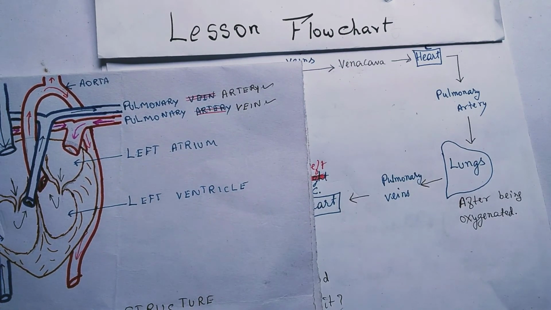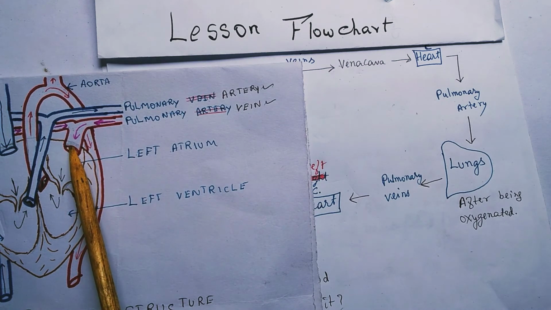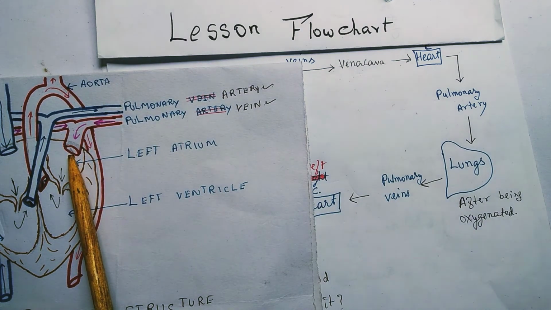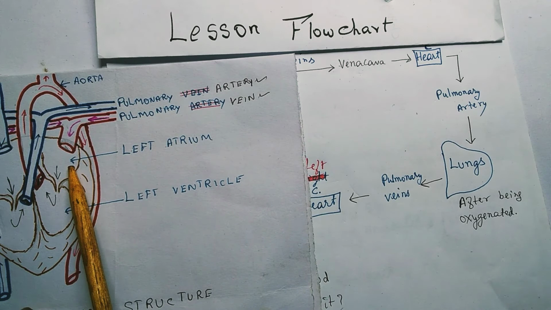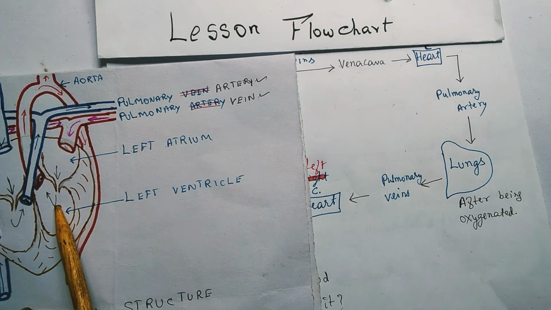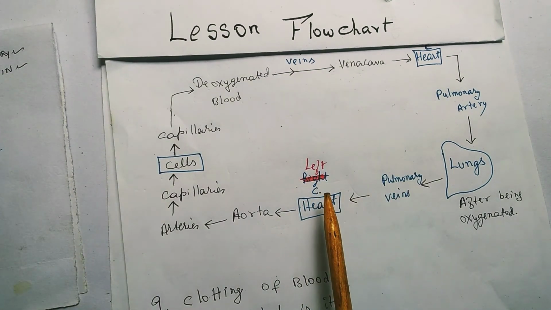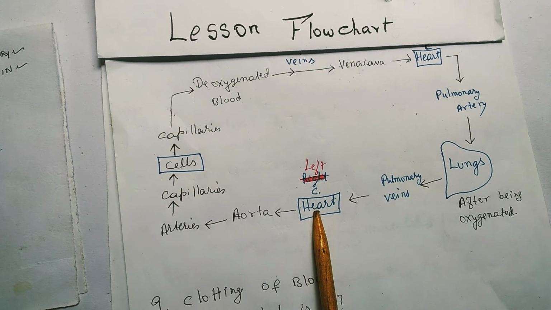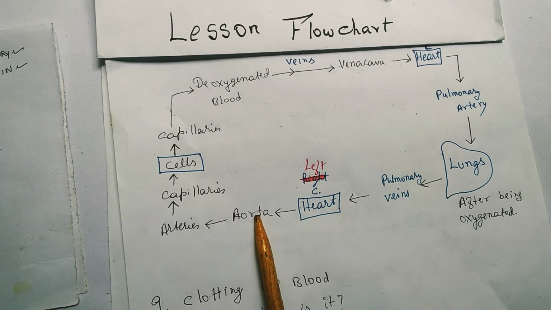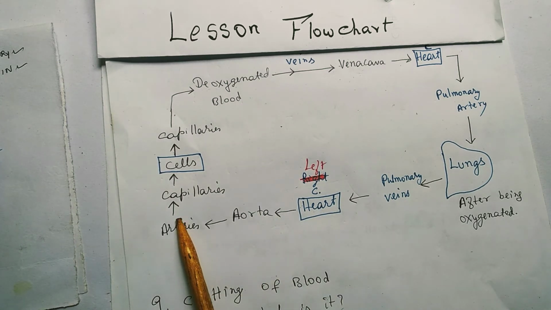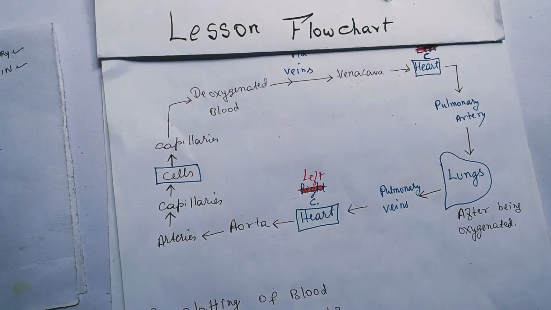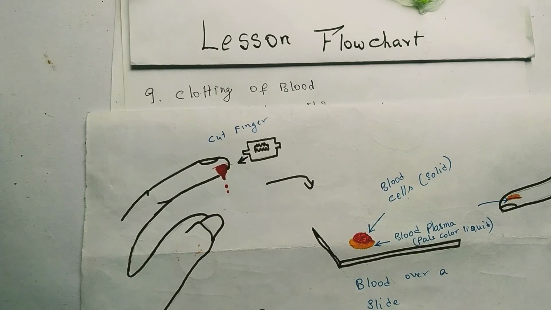From the pulmonary vein it goes into the left atrium, right? In the left atrium it will pass into the left ventricle. From the left ventricle, the left chamber of the heart, it will go into the aorta, from the aorta to arteries, to capillaries, and again to the cells. So this is how the blood flows in our body.